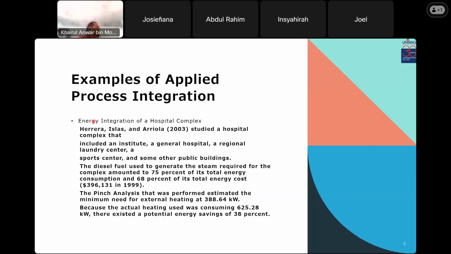Example of applied process integration. The integration of hospital services, a real case study. The study hospital complex includes the general hospital, for example, under public building. The diesel fuel used to generate the steam required for the complex is 75% of total energy consumption and 68% of its total energy cost.